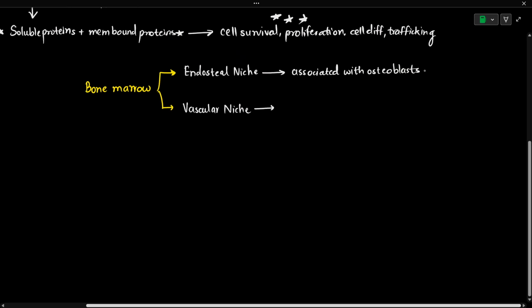So this area is associated with the osteoblast, so this is the area surrounding the bone, whereas the vascular niche is the area surrounding the blood vessels. This particular area is in close association with the endothelial cells, because blood vessels are lined with cells known as endothelial cells.